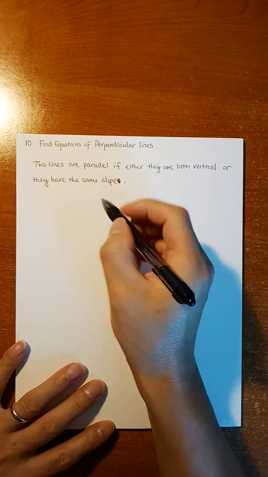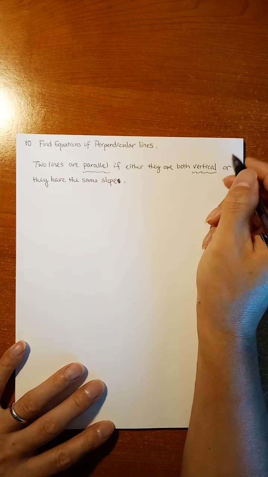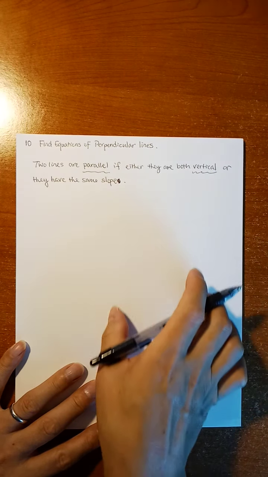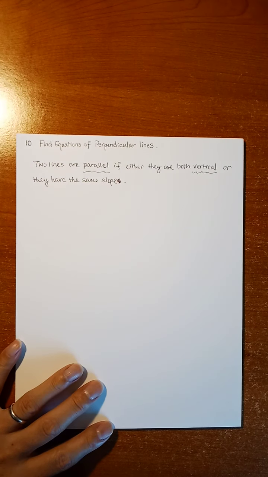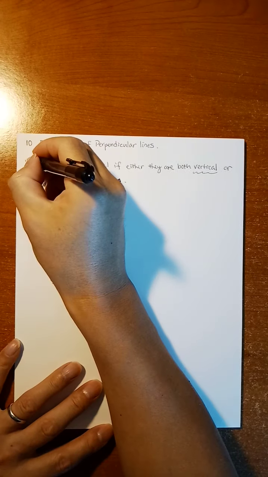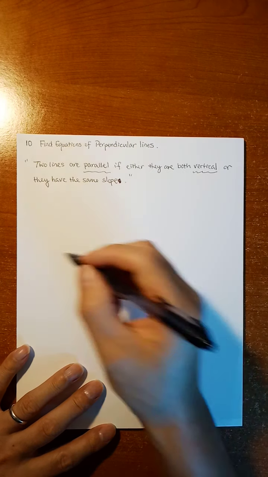So two lines are parallel. There are two situations. One situation, they're both vertical, then they are parallel, because in this case, there's no slope. If they have slope, they will have the same slope. So that's an important observation for the last part.